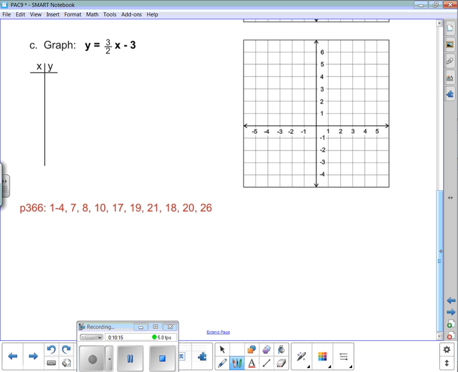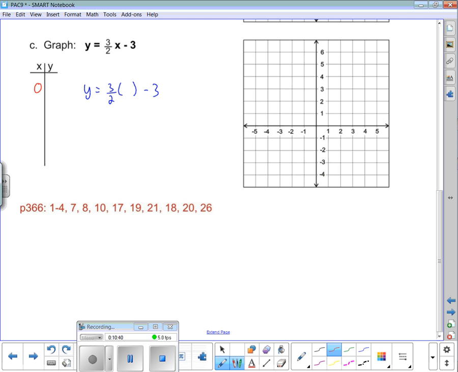Okay, so you've got a 3/2, and it's a 3/2 x. Well, remember with a fraction, let me do it this way. Let's suppose we're going to do our first number, right? Remember, it's 3/2 times x minus 3. Now, the first number and the best number to always use is what? 0.